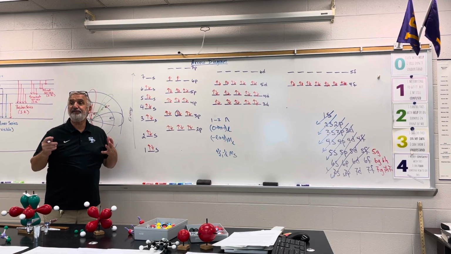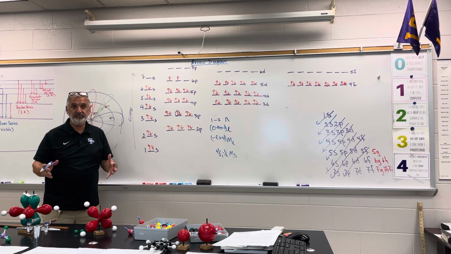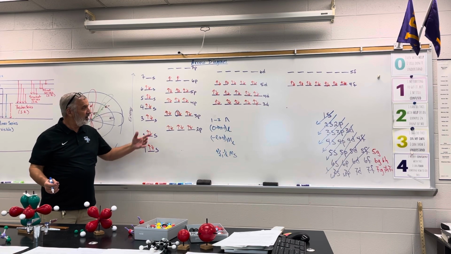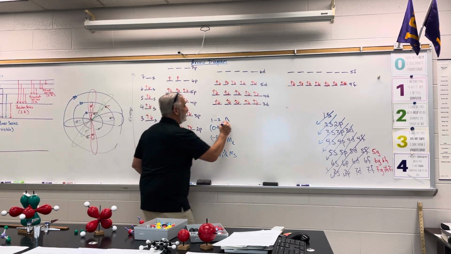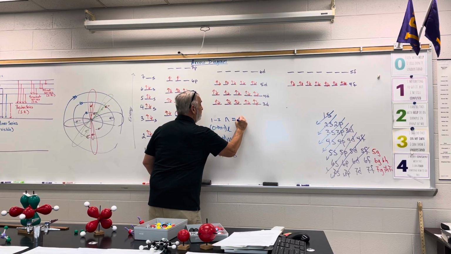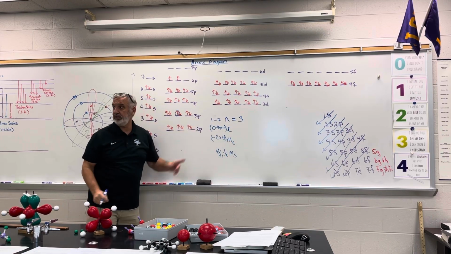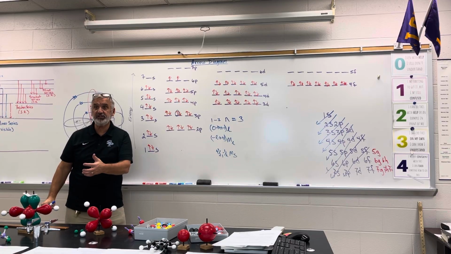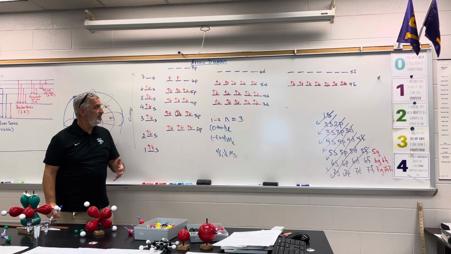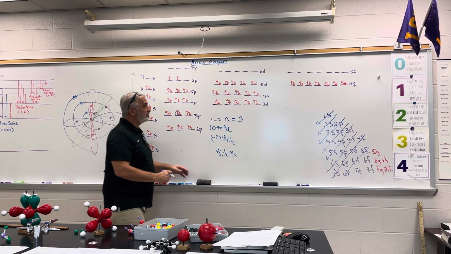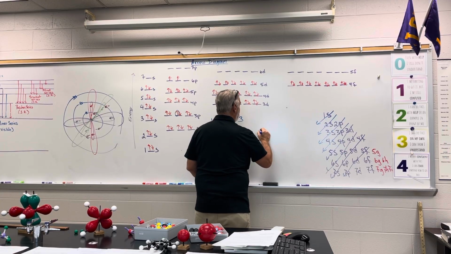So what would my 4 quantum numbers be? What would the room key be for that? Well, what energy level are they on? 3. We know that because it's 3P. The 3 is telling me the energy level. Now, when n equals 3, L can equal 0, 1, and 2.